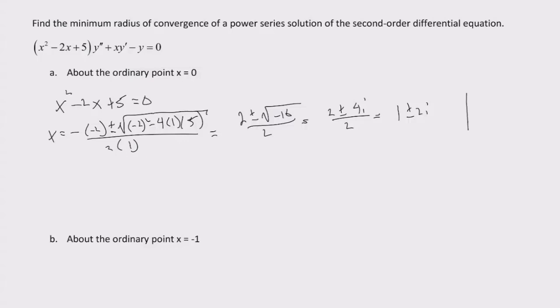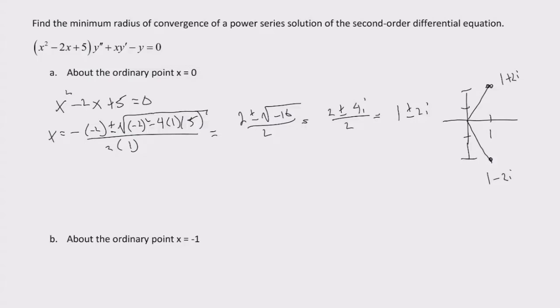And just to remind us real quick, on a complex plane, that would look like, let's see, so we're going over 1 unit and up and down 2i. So this would be 1 plus 2i, and this would be 1 minus 2i.